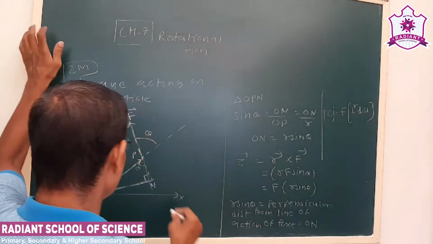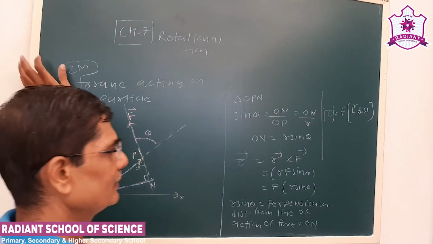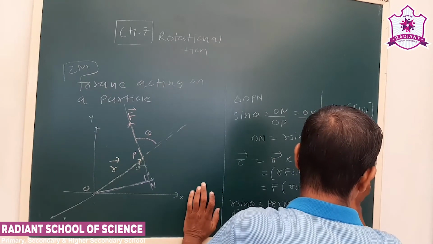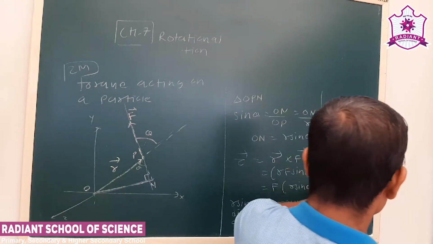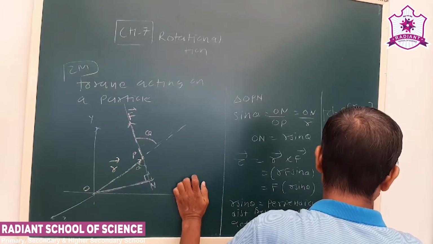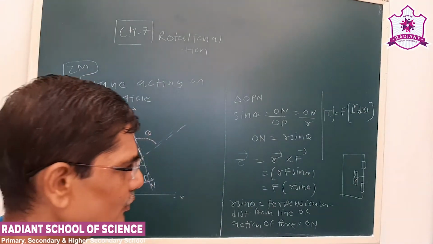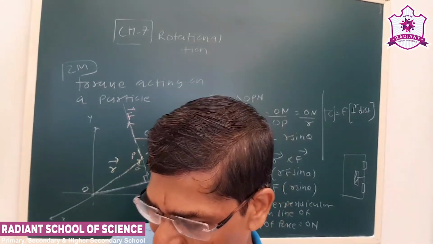Now suppose R and F are in the same direction, theta is 0, torque is not produced. For example, come back to the example of a door. This is our hinge, and the handle is here. Naturally you can see that you will require more force. You studied earlier in lower standards about simple machines.